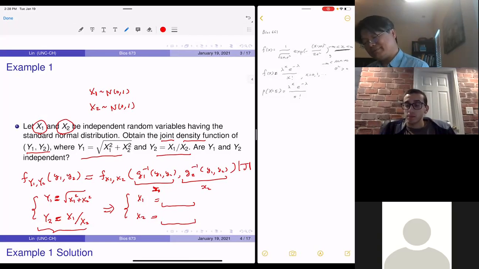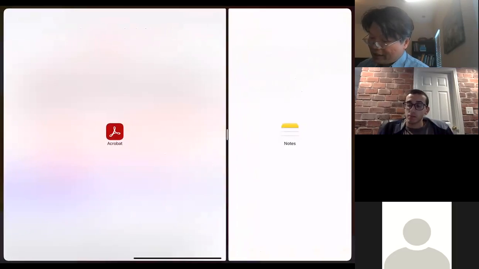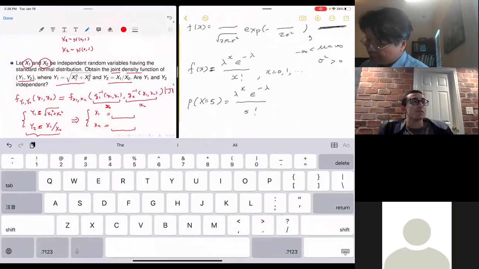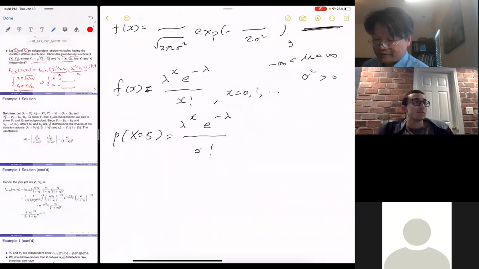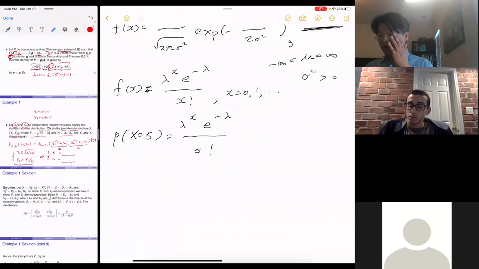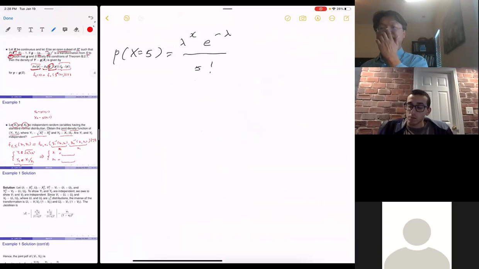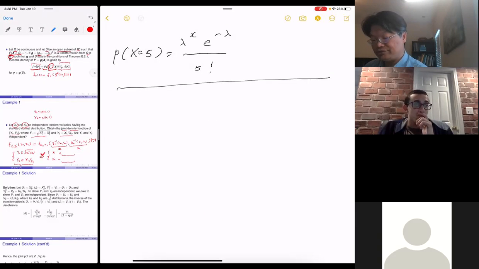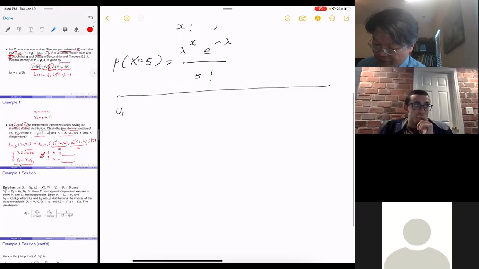But it's a trick. Then what's the trick? The trick is this: I don't actually deal with x1, x2 itself. Hopefully, it's bigger now and you can see what's going on. If I switch my thinking a little bit, I can define u1 as x1 squared and u2 as x2 squared.